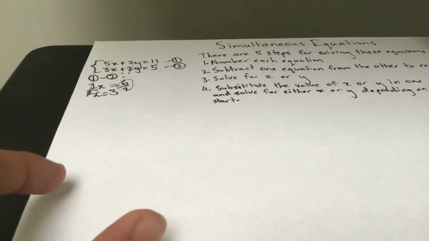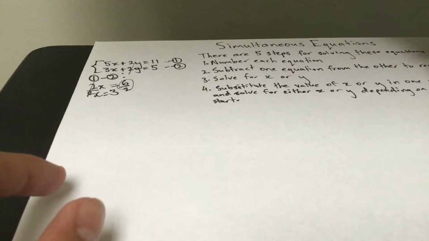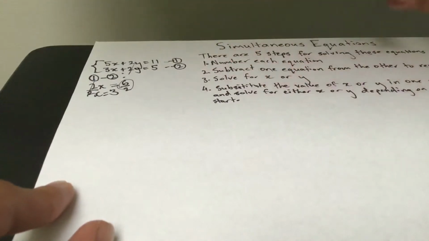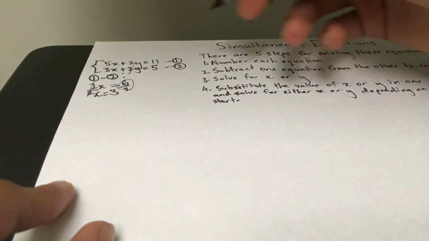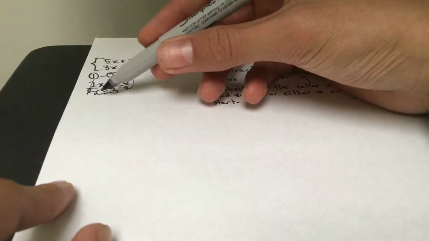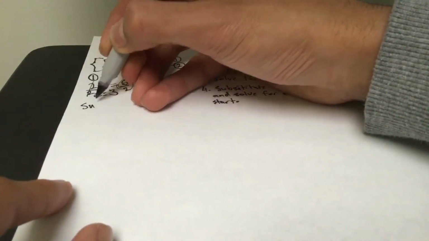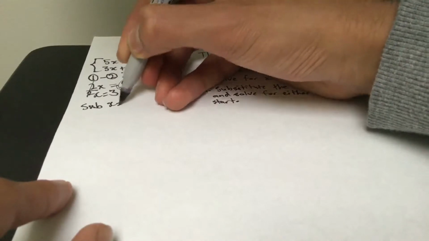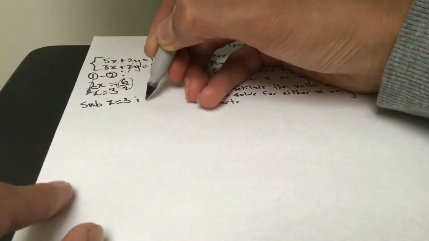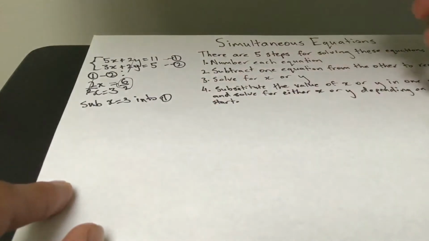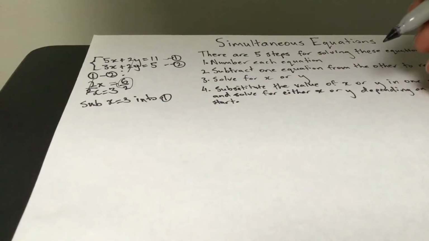Okay. So now the next step is we substitute x equals 3 into either equation 1 or 2 to find y. So now we're going to sub x equals 3 into equation 1. That's a way of denoting what I said.